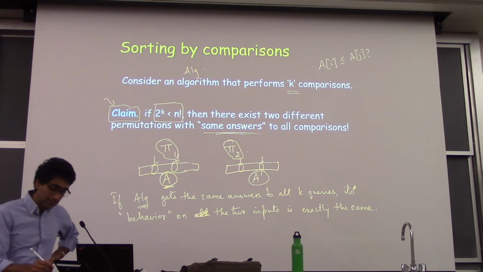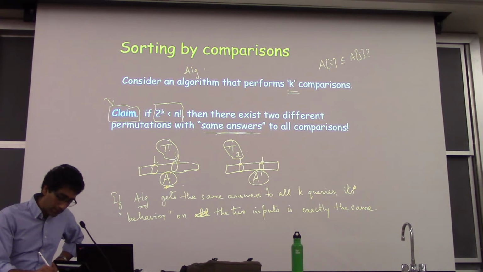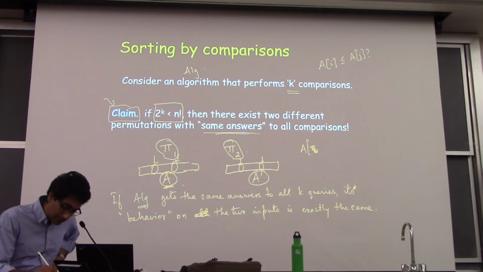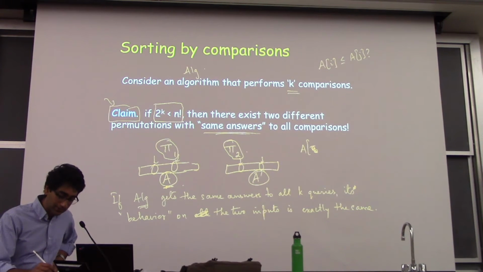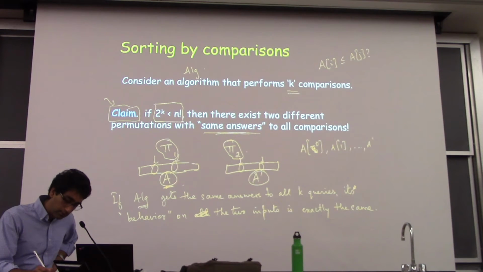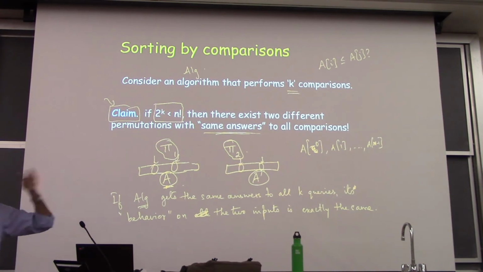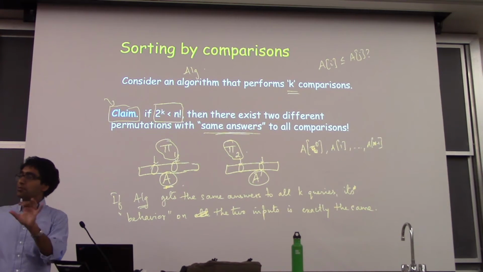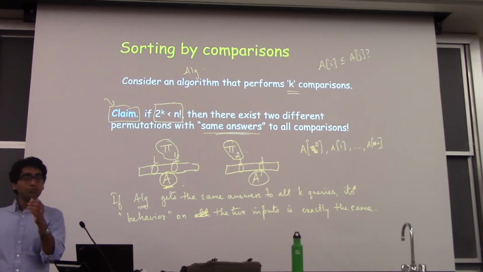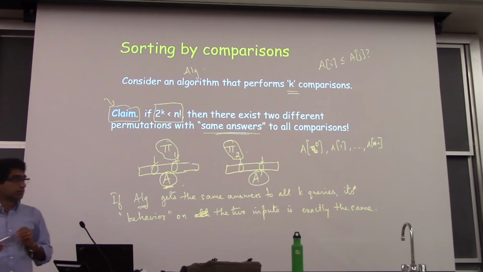For simplicity, assume the algorithm outputs A of 0, A of 1, and so on. Then it must produce the exact same output for A prime also, because for all it knows A is A prime. So it will sort both of these in the same way, and both can't be correct.